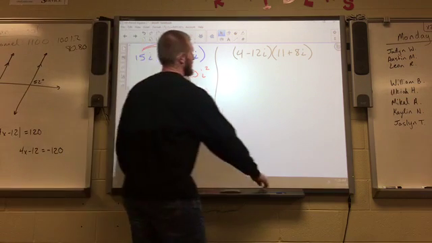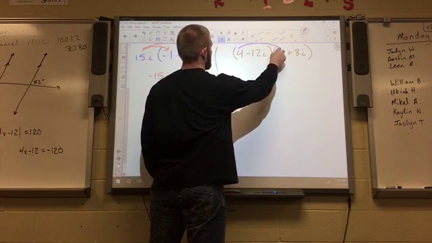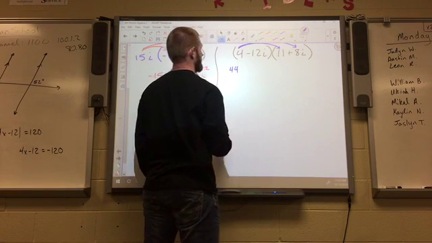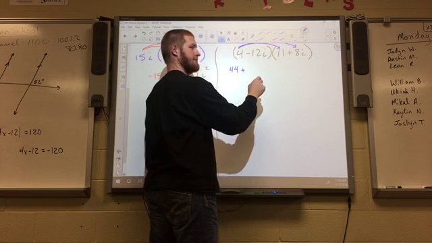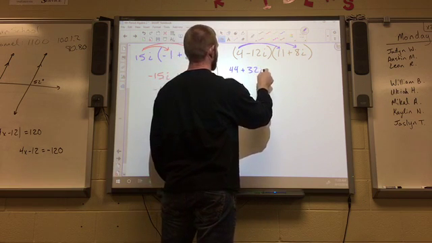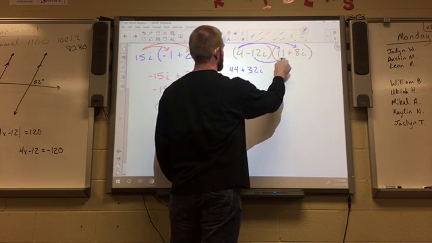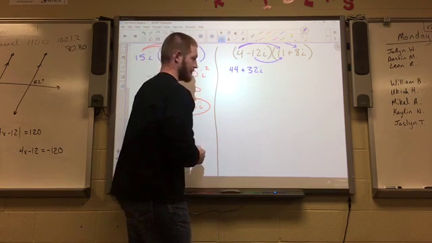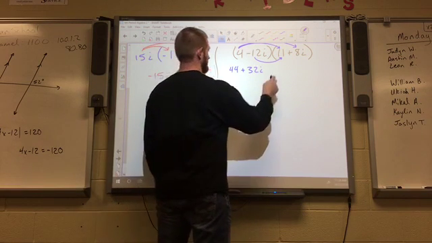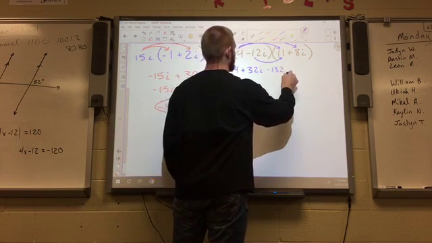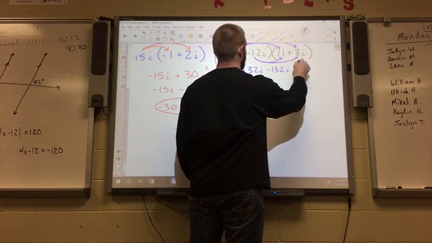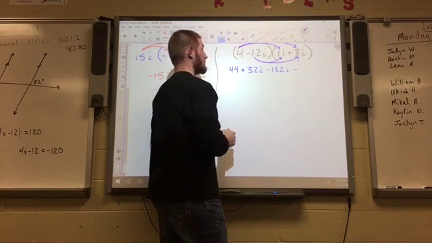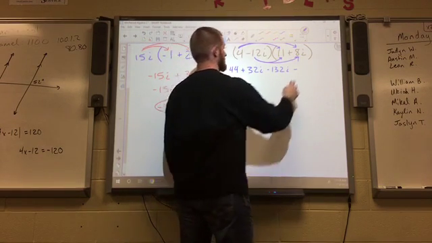As I start to foil this, 4 times 11? 44. 4 times 8i? 32i. Negative 12 times positive 11? 132. Negative 132i. And negative 12 times positive 8? Negative 96i squared.